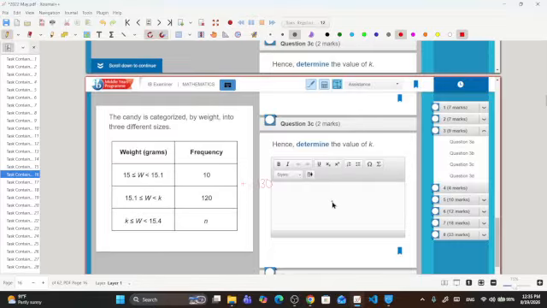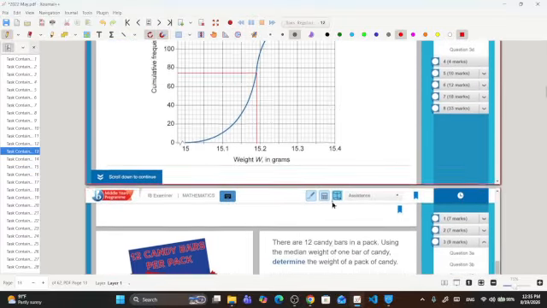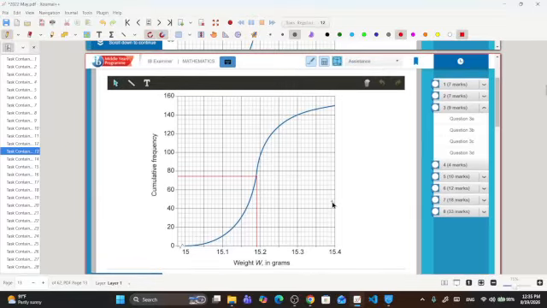Alright, an answer of 130. So let's extrapolate the graph at 130 and see what answer we get. This answer is roughly going to be 15.26.